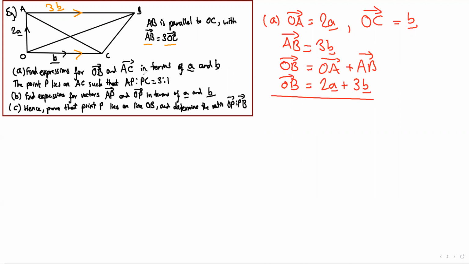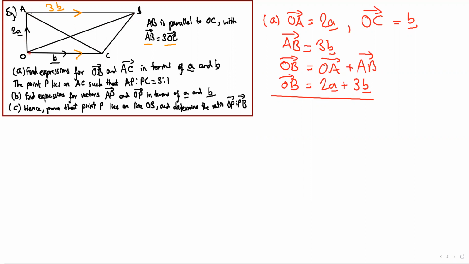Now the second thing it wants is AC. Okay, so let's have a go at that. So AC is this point here to here. And again, we don't have a direct route, so we need to find another path. Again, we don't know BC either, so this path would be more difficult.